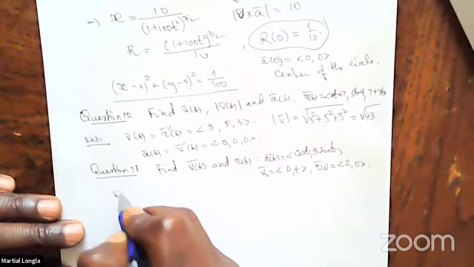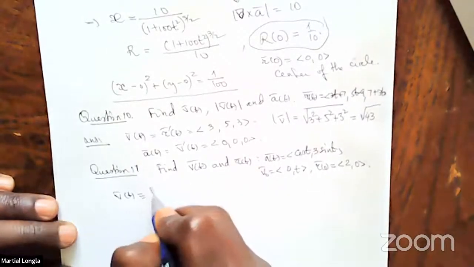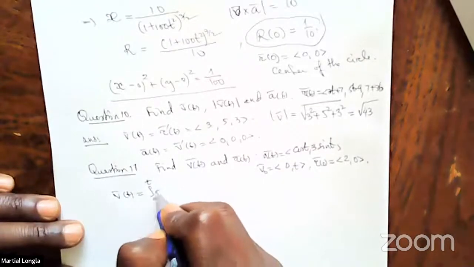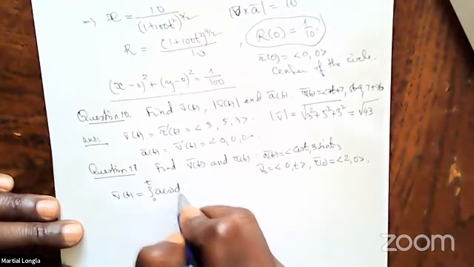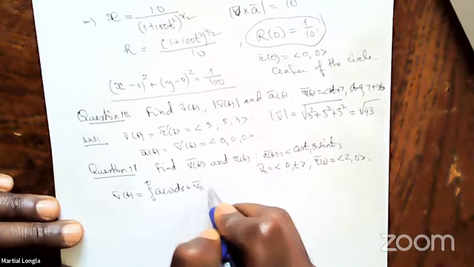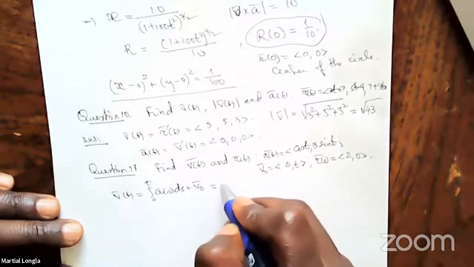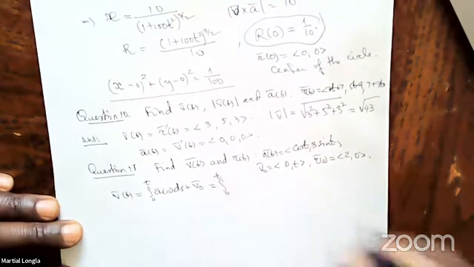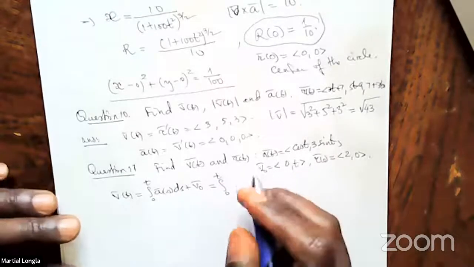So v of t is integral 0 to t of a of s ds plus v0, and I do expect to see this work written down.